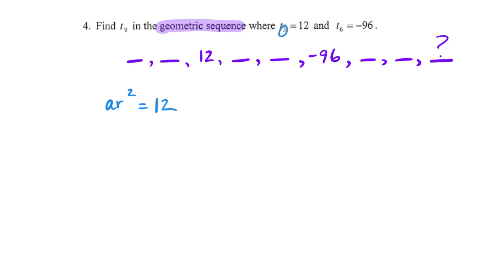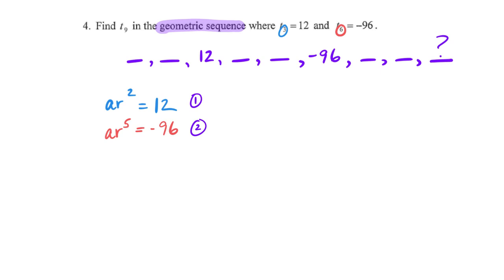Term 3 is 12. I could do the same thing with term 6, and I know that that would be ar to the 5th, and that's negative 96. Now, what we just created is something you've created a million times, but I'm going to argue to you, it might be likely you have never built that type of system. So I've labeled both of those equations as equation 1 and 2 because we can solve that system algebraically.